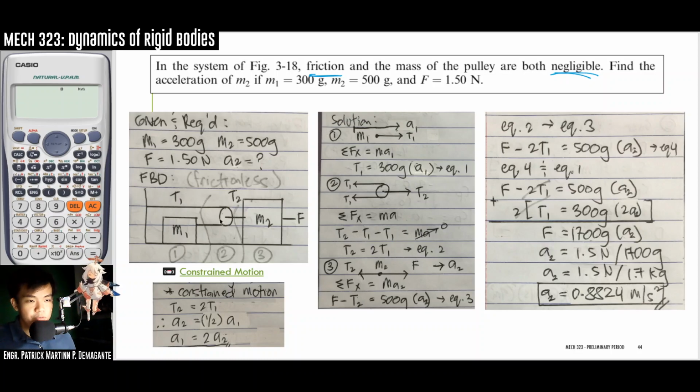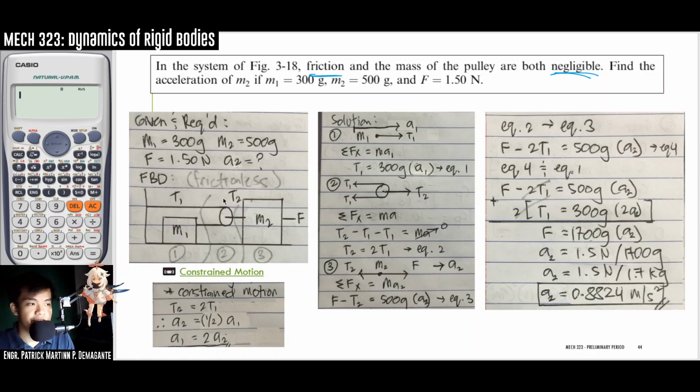And the mass of the pulley, this one. Kung meron pa kasi itong mass, nako, problema ulit yun. Mas mahirap siya isolve. Then, find the acceleration of M2 if M1 is 300 grams. Then, the acceleration kapag si M2 naman ay 500 grams.